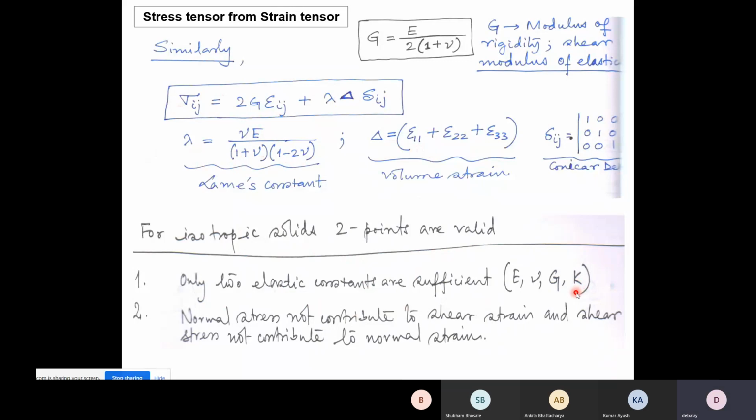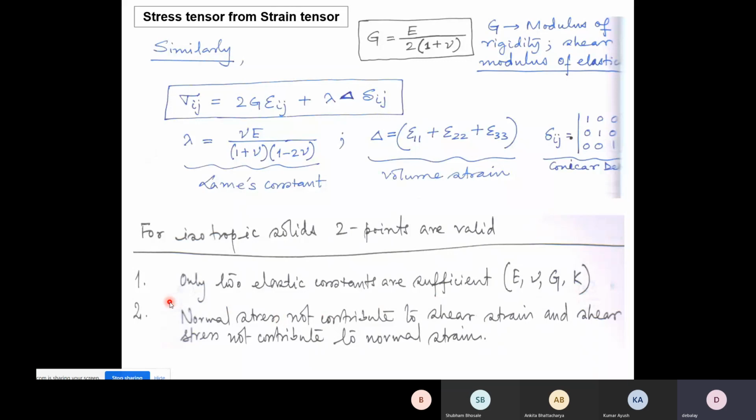Even if you consider a cubic crystal, if you take the 100 direction, the atom spacing is different from the 111 direction. And that's why the Young's modulus values or elastic constants can be different along different directions. So you need to know more elastic constants to relate the stress and strain tensors.